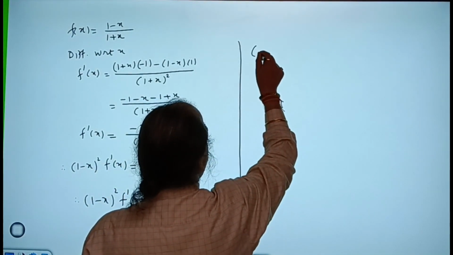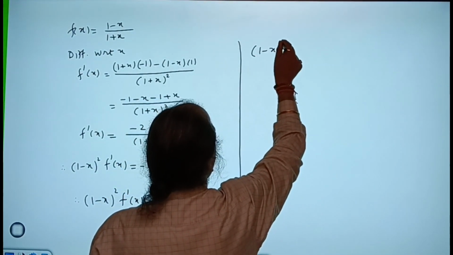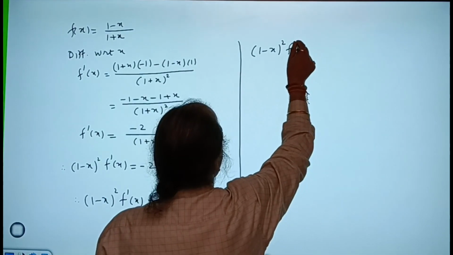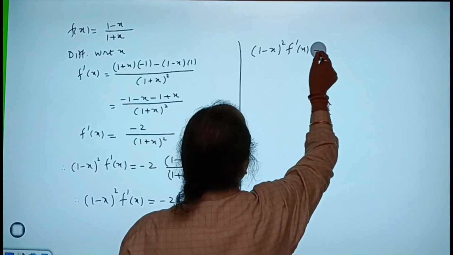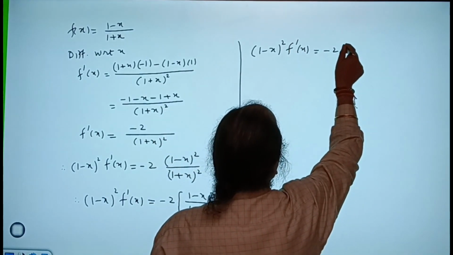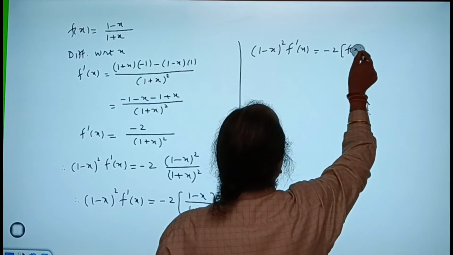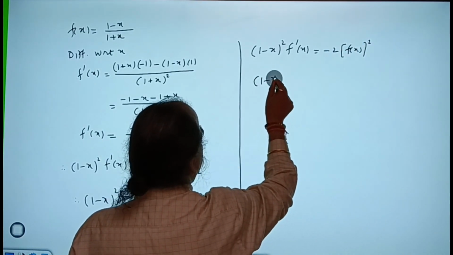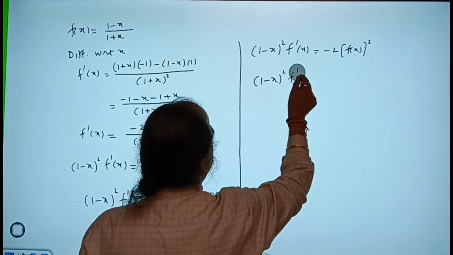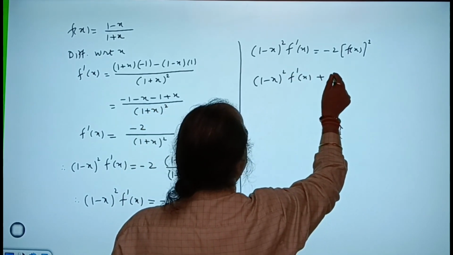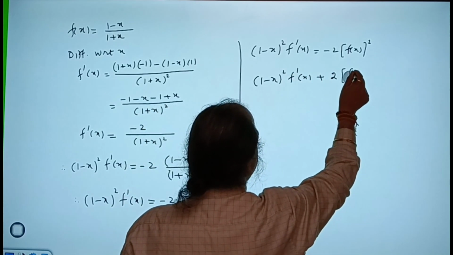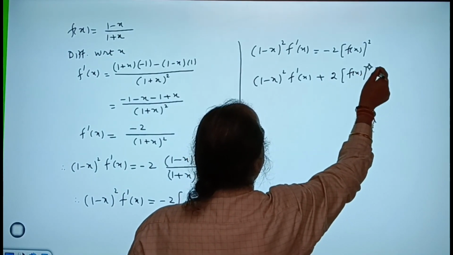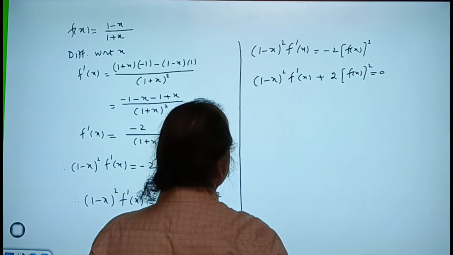So 1 minus x square into f dash x is equal to minus 2 into f(x) square. Bring this on the side: plus 2 into f(x) square is equal to 0.